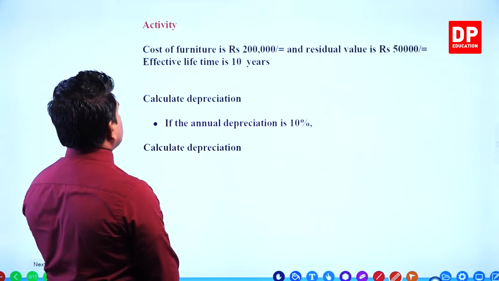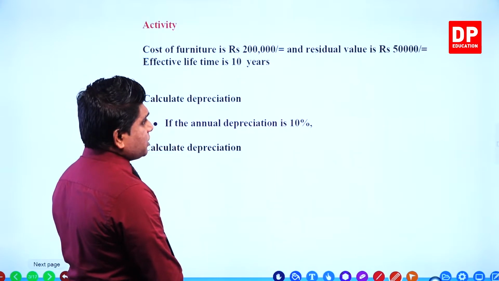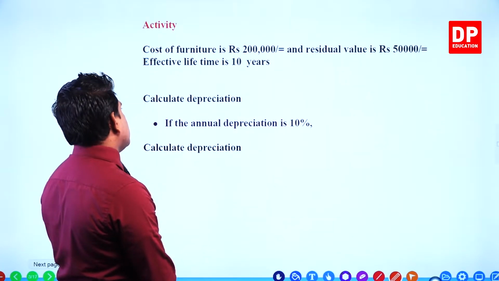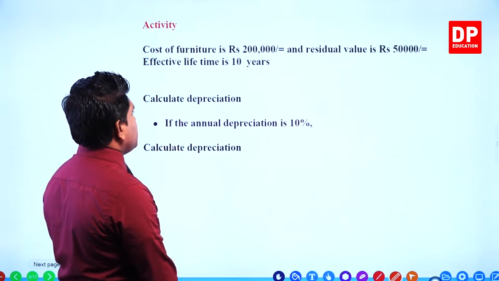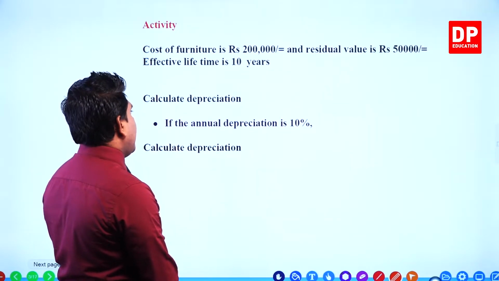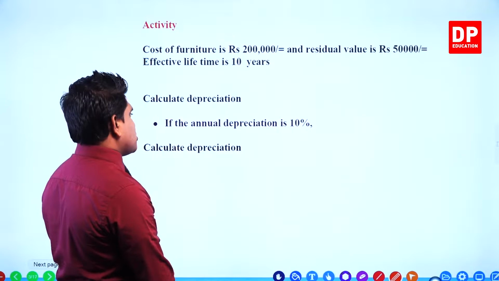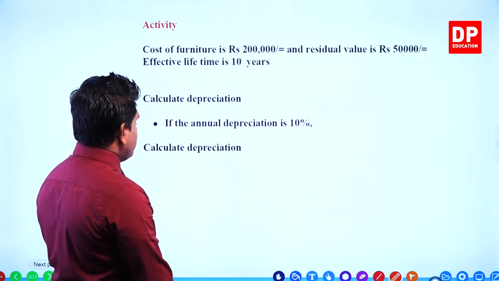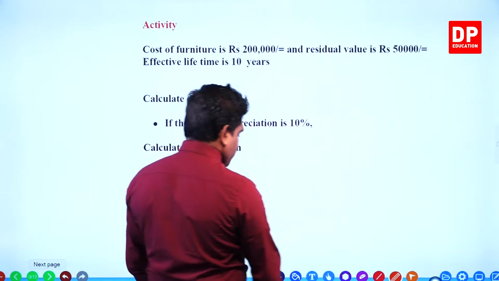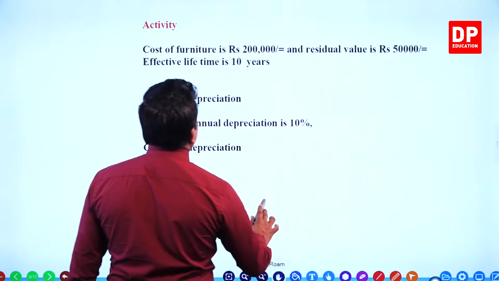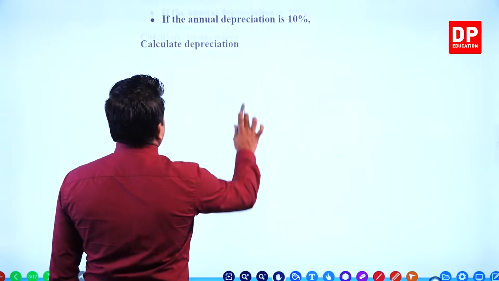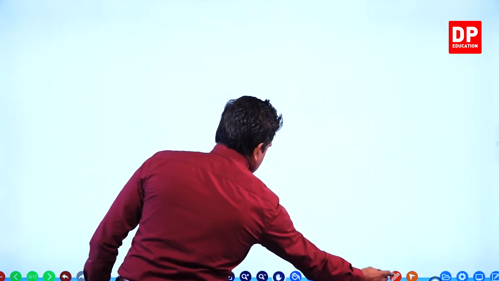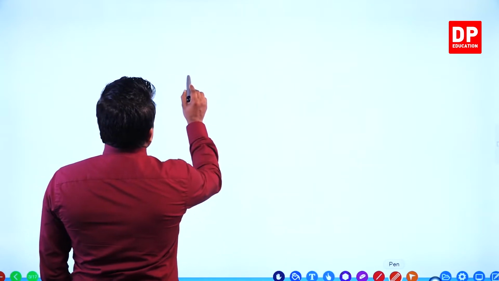Next activity: cost of furniture 200,000 and residual value is 50,000. Effective lifetime is 10 years. Calculate depreciation. Right. Then we use the first method. What is the first method? Cost minus residual value.